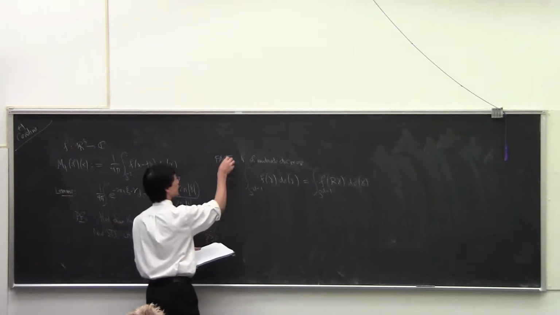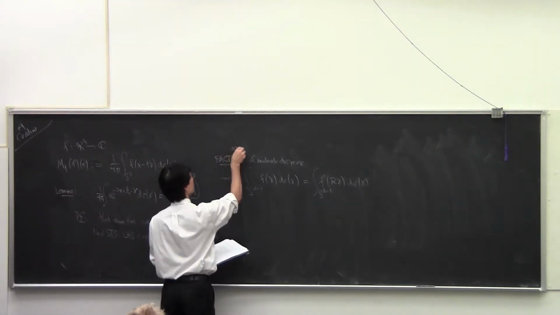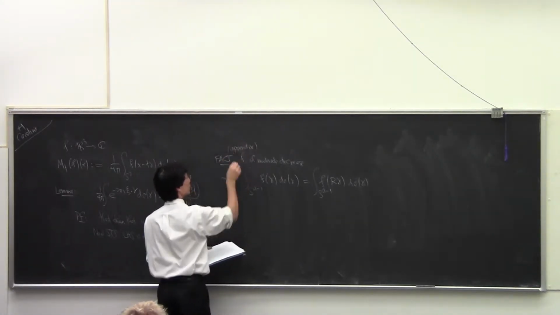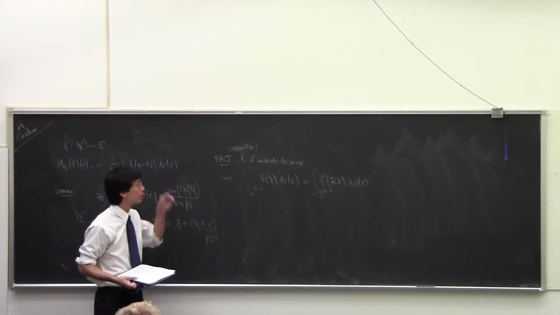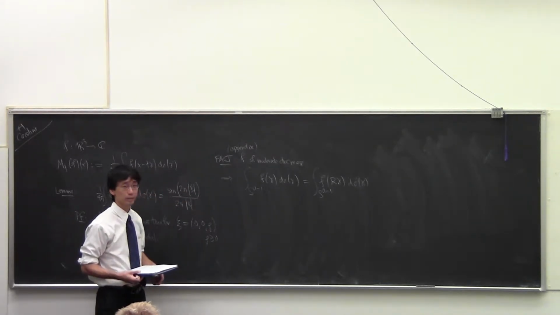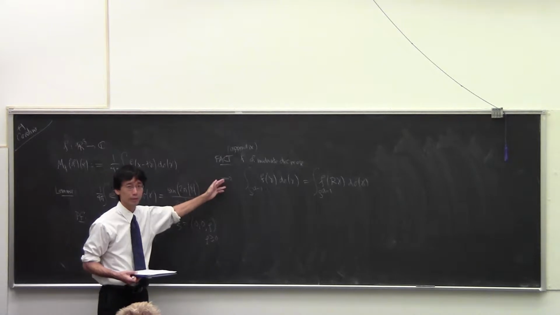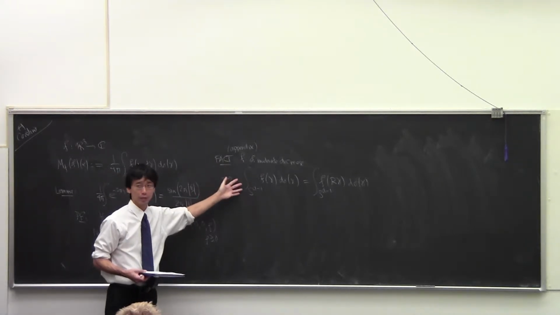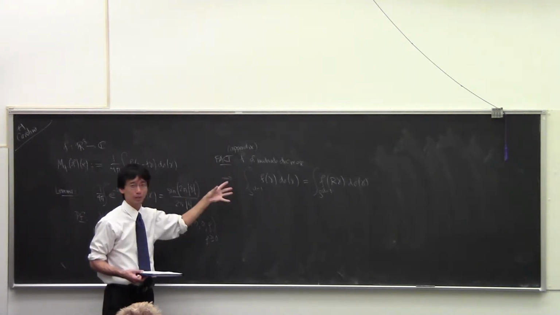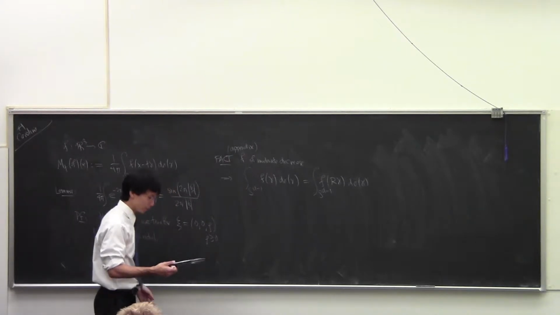So this is a fact. The proof of it is pretty straightforward. It's on the last page of the book, in the appendix. But it's intuitively obvious: you're integrating over a sphere, and then you just rotate the function on the sphere. You integrate that function, you get the same thing.